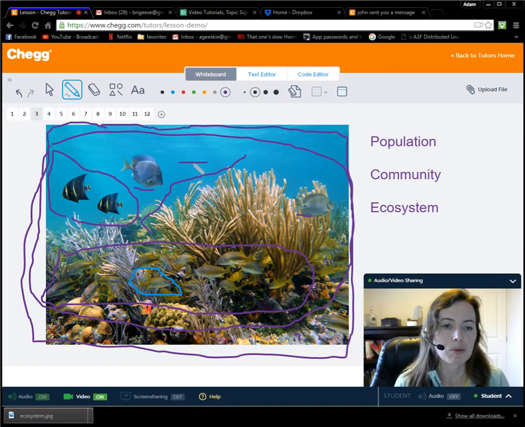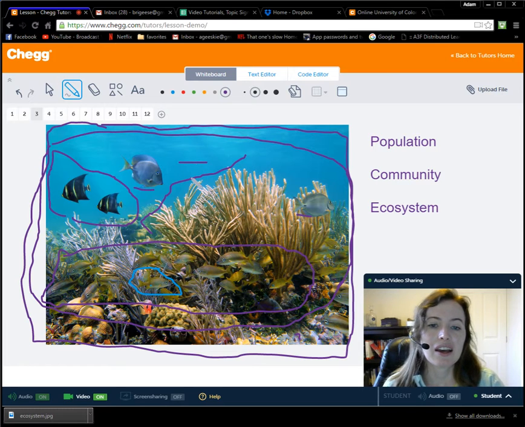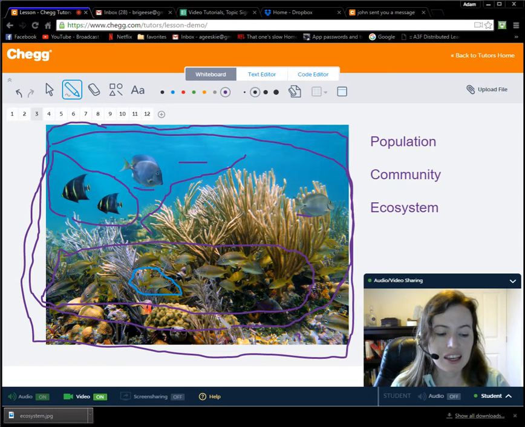All of those are a part of the physical location of where all of these things are at this given time. And this allows me to study the ecosystem if I'm looking at all of these parts at the same time.